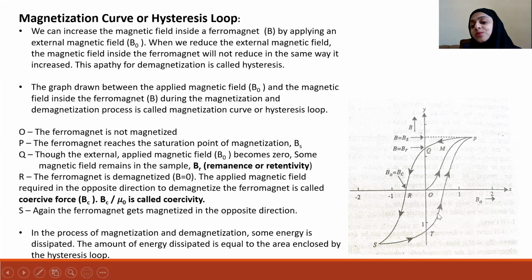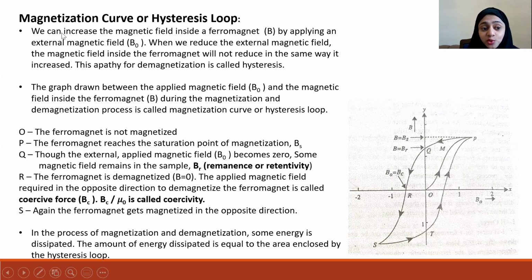And then again, when we increase the magnetic field in the positive direction, the magnetic field in the negative direction decreases, becomes 0, and again it goes along these paths. So this is the loop that represents the magnetization and demagnetization within a ferromagnet. And this is called the hysteresis loop.